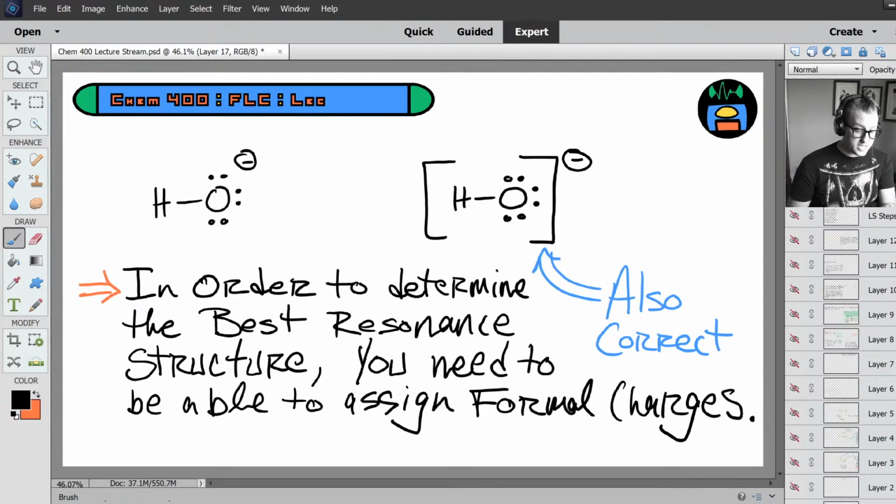You totally do need to know how to assign formal charges because it'll become important when we start discussing resonance structures. All right, but you're also allowed to use the bracket notation as long as the best resonance structure is on the inside of that bracket. Okay, so just keep that in mind and proceed with caution.